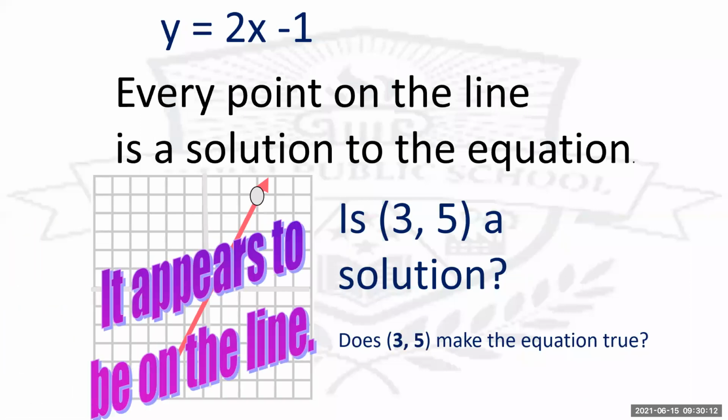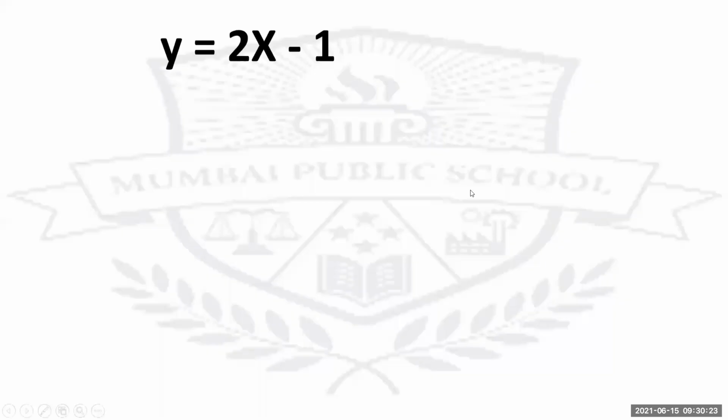Does 3 comma 5 make the equation true? Yes, you'll get that 3 comma 5 lies on the line. It appears to be on the line. That is the solution.